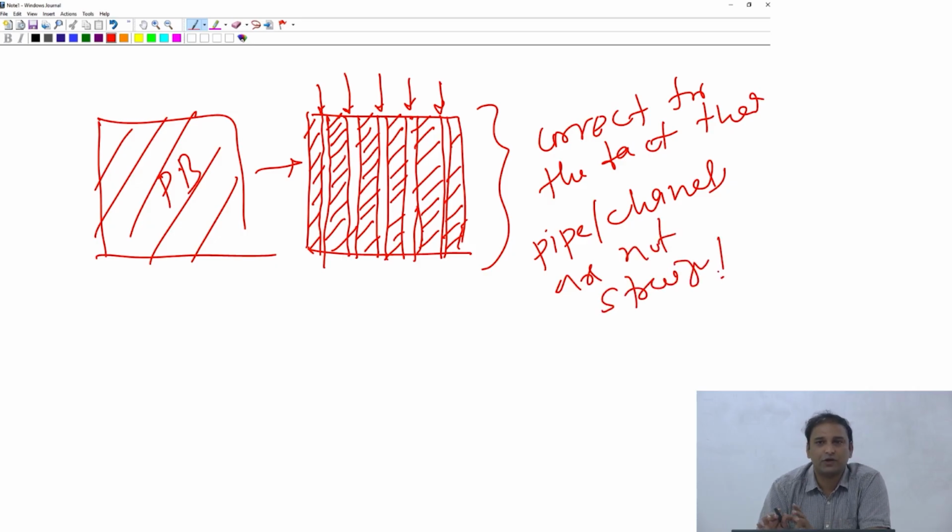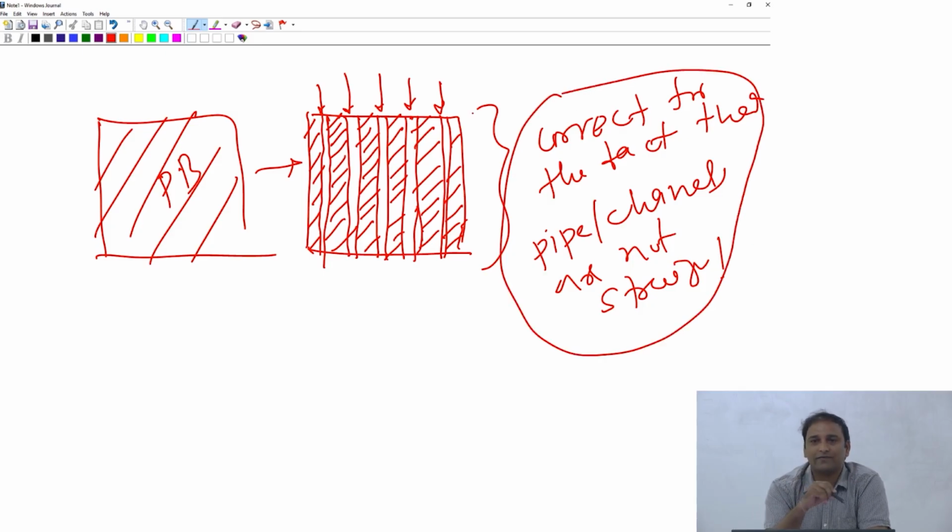Of course I would have to correct for this, but for the simplest case I can assume a packed bed to consist of channels through which the liquid is flowing. I'm going to assume that they are straight channels, and later on I'm going to correct for the fact that the channels are tortuous, that means they are not straight. That's what we are going to do.